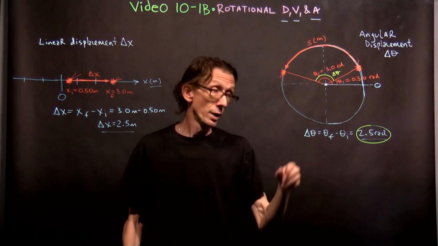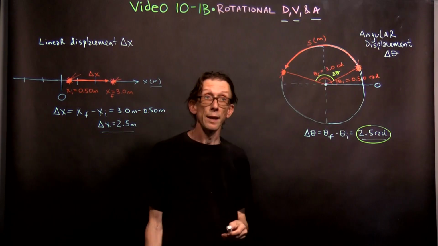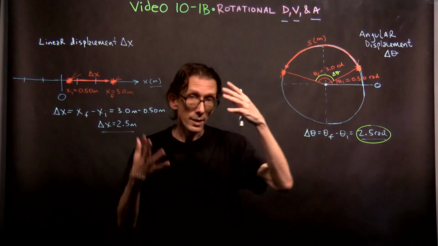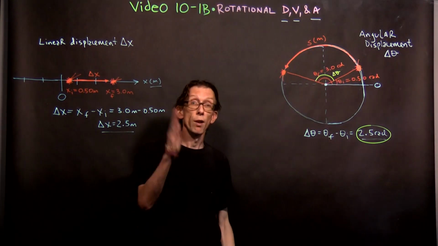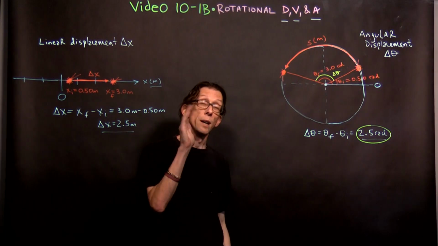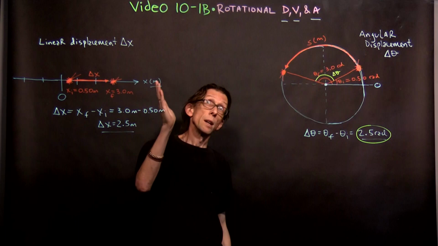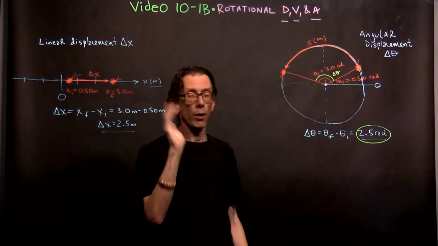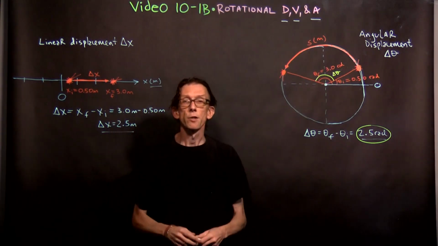So displacement can be positive or negative in both cases. Had the bug moved in a clockwise sense, his angular displacement would have been negative, because he would have ended up at a smaller angle than he started with. So I hope you see the analogy.